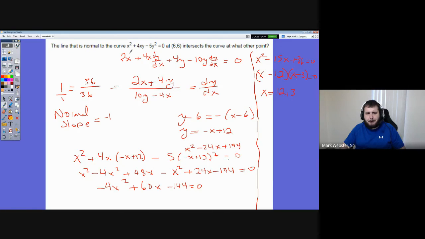And what we need to do is just see what the y value is here. Plug in 3 for x, plug in 12 for x, two separate times.